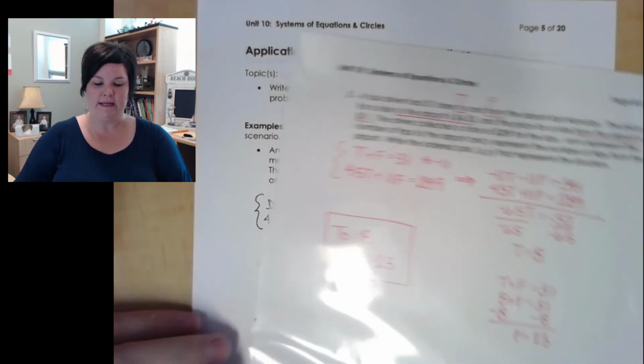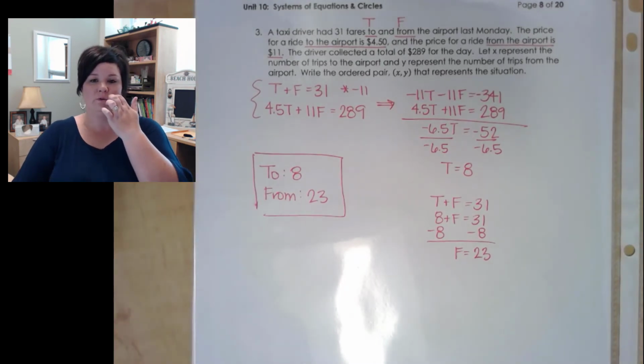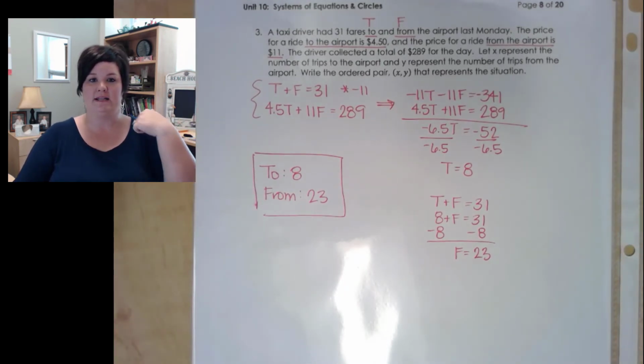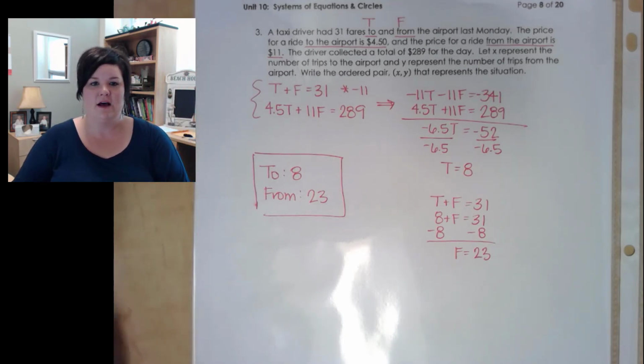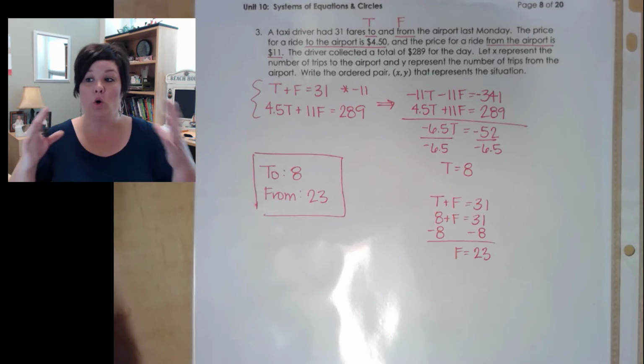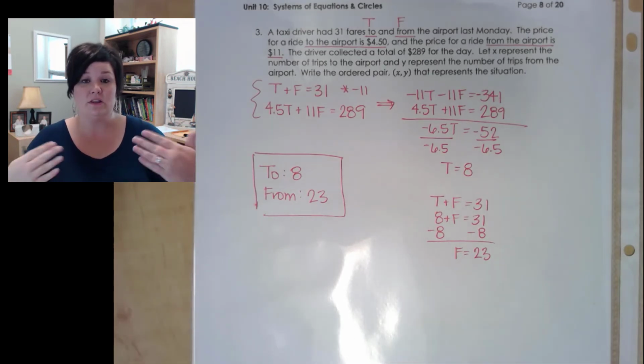Let's look at number 3. Number 3, we're talking about a taxi driver who's driving to and from the airport, and it's a different price going to the airport as it is coming back, right? It tells us that he had a total number of trips, right, to the airport and back, and it told us a total amount that he earned doing those trips.